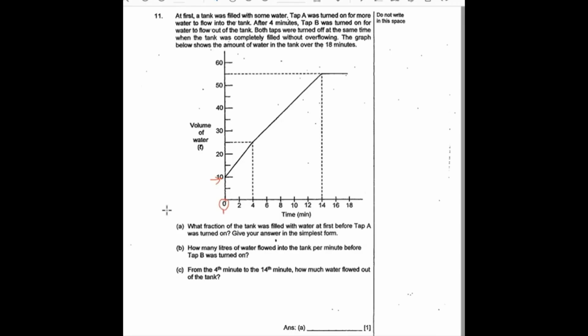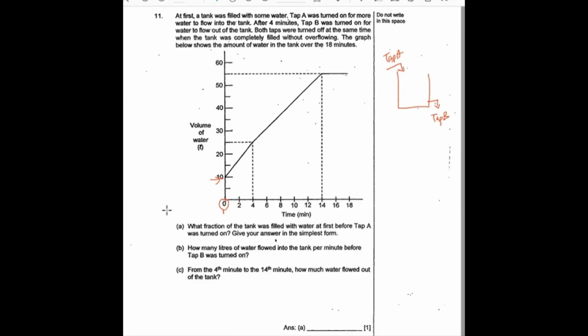Tap A was turned on for more water to flow into the tank. So there's a tap A. And tap B was turned on for water to flow out. So there's tap B. And both taps were turned off at the same time when the tank was completely filled.